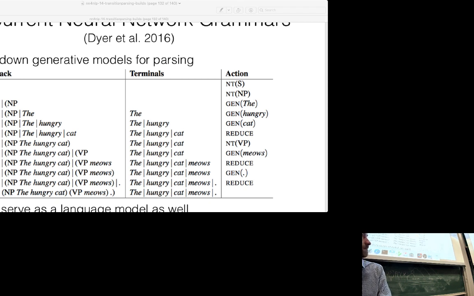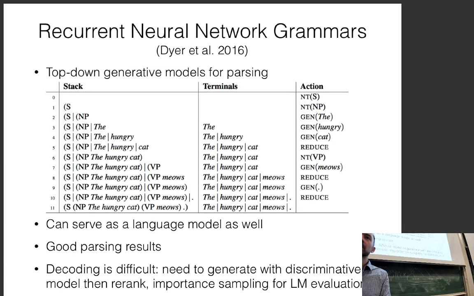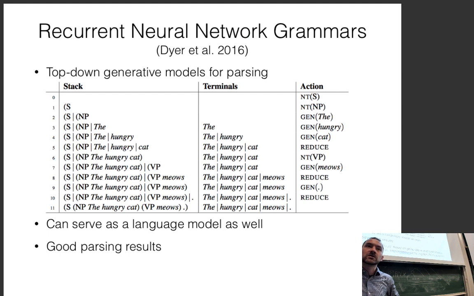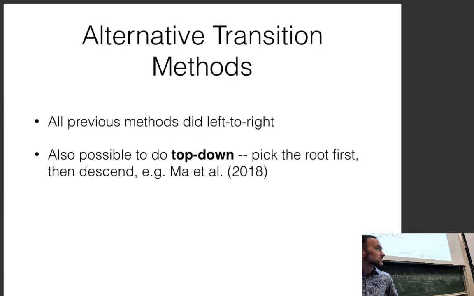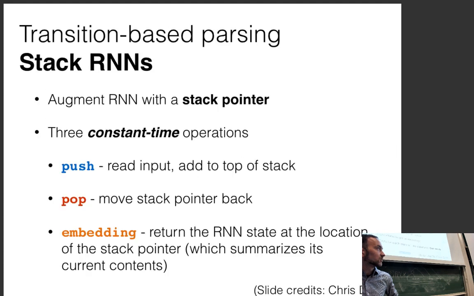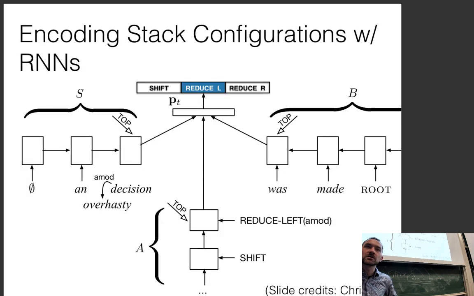Okay. Yes? So how do they actually learn the phrase embeddings? Those are just learned as part of the model to try to improve the model's parsing accuracy. The model in the recurrent neural network grammar, I don't actually have a figure of it, but it's pretty similar to this model here.